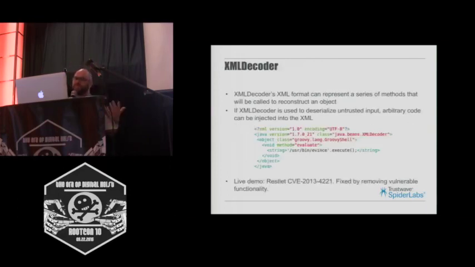So the way XMLDecoder does that is really quite straightforward. You provide an XML document which includes a set of instructions: how do I reinstantiate this object? Just tell me what object I should set up, what properties I should set, and then I'm going to have the object. So all you do is instantiate a Groovy shell, and then tell it to evaluate a string.